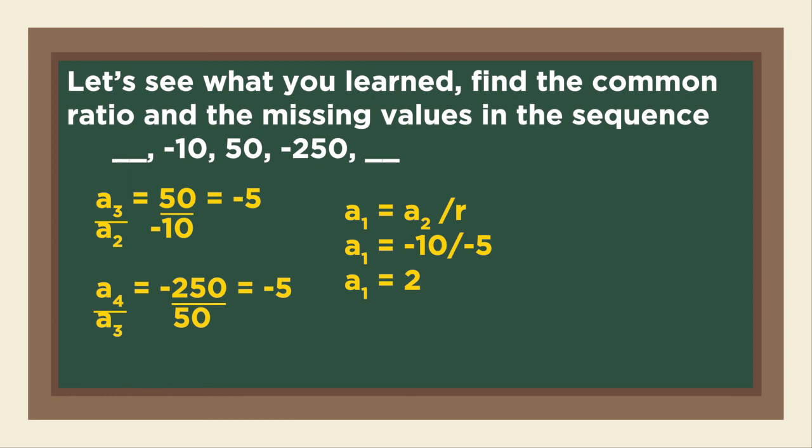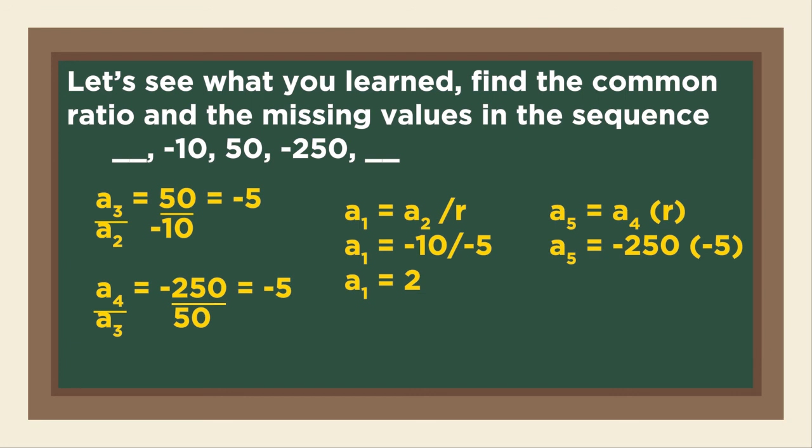And to look for the fifth term, or a sub 5, since we are looking for the next term, we will use multiplication, multiplying the fourth term by the common ratio, which is negative 5. So that's a sub 5 is equal to the product of a sub 4 and the common ratio. Our fourth term is negative 250 times our common ratio, which is negative 5.